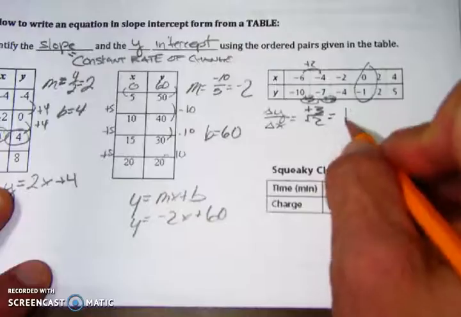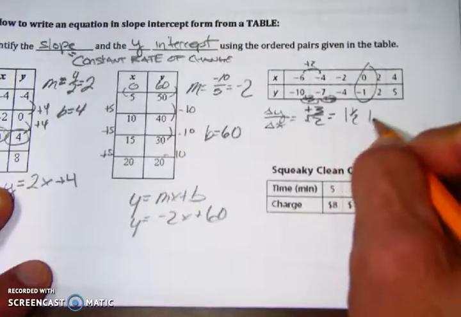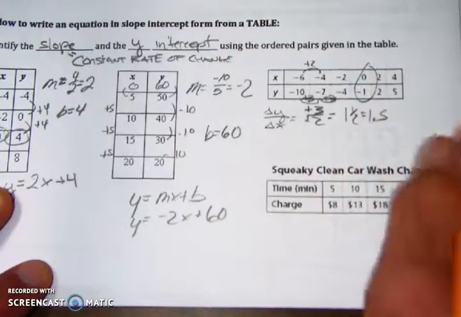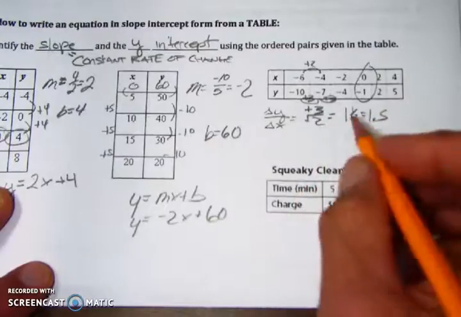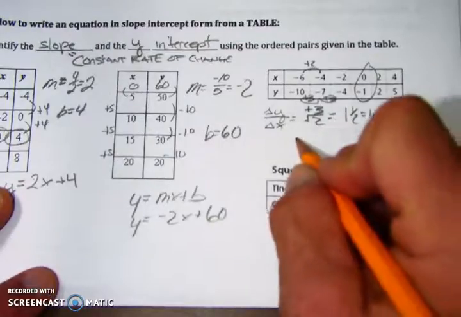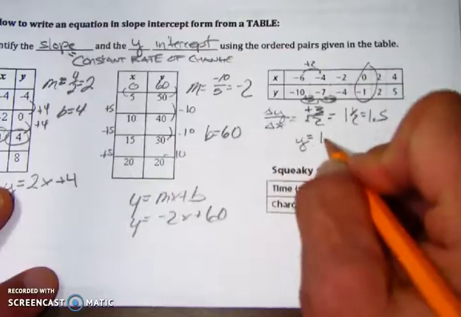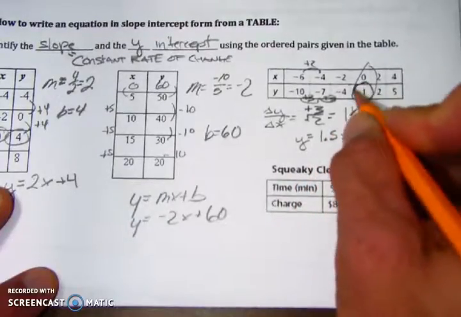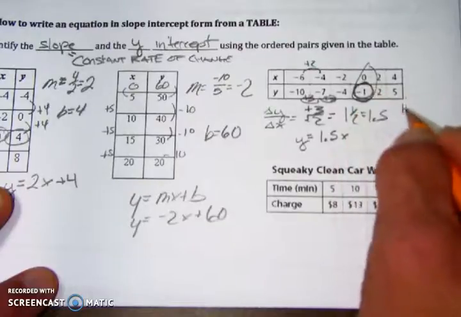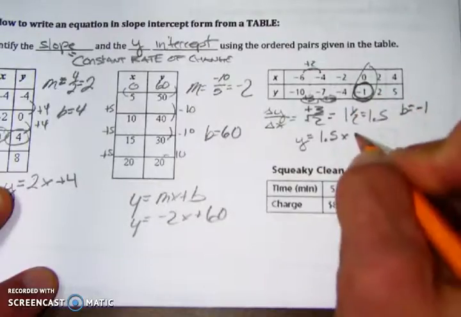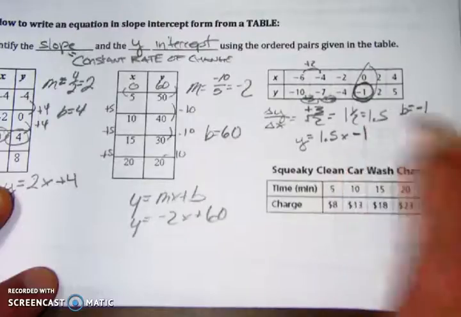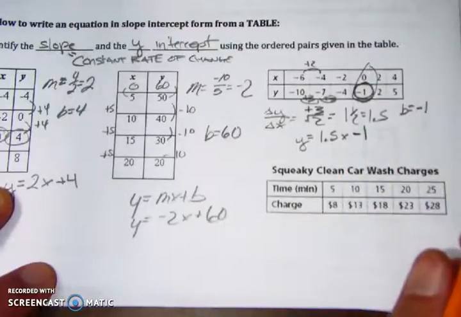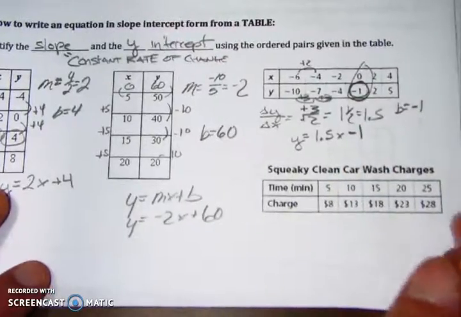So 3/2 is 1.5, and it's a positive slope. So we'll write it as y equals 1.5x, and our y-intercept is -1. So 1.5x minus 1.